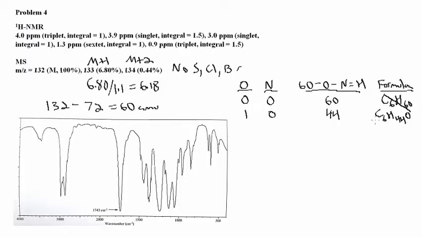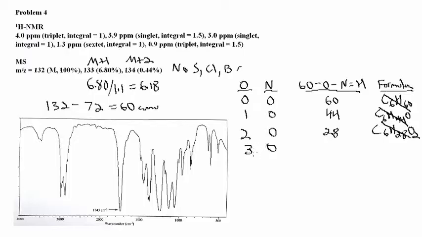Our molecular formula would be C6H44O. This is also impossible based on the total number of hydrogens relative to carbons. If instead we had 2 oxygens and 0 nitrogens, that would mean that we have 28 hydrogens with a molecular formula of C6H28O2. Still impossible.